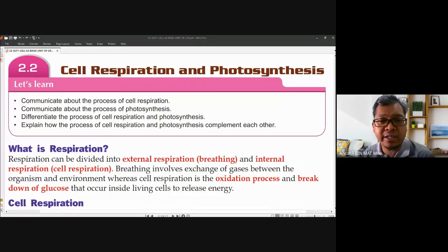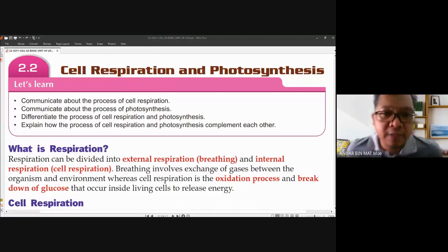Can anybody remind me what the parts are? Three parts in the plant cell, but not in the animal cell.